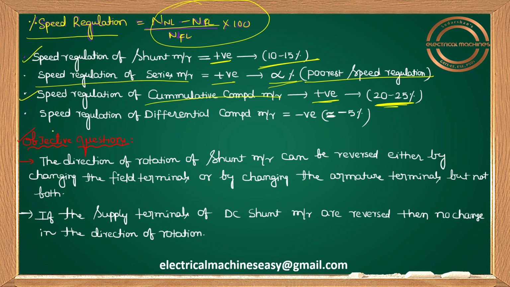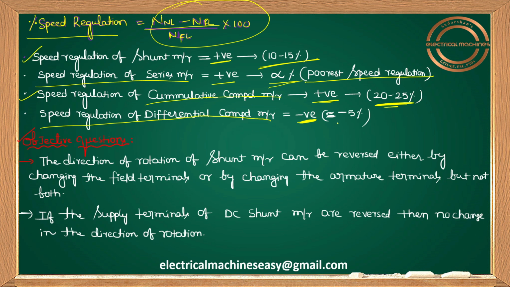Let me take the speed regulation of a differential compound motor. I told you already that as load increases, the speed increases for a differential compound motor. Please try to refer to the N versus IA graph for a differential compound motor. So you'll get a negative value. No doubt, at rated IA, at full load condition, the speed regulation of a differential compound motor is 0.